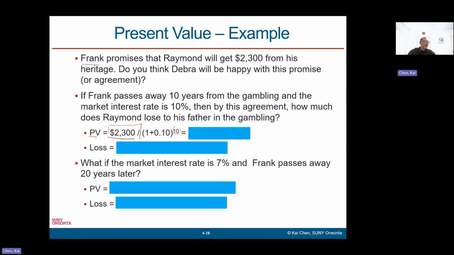If you can run your calculator correctly, I believe you can get the right answer. Later on, I'm going to operate the calculator to get this answer. So the present value is $886.75.